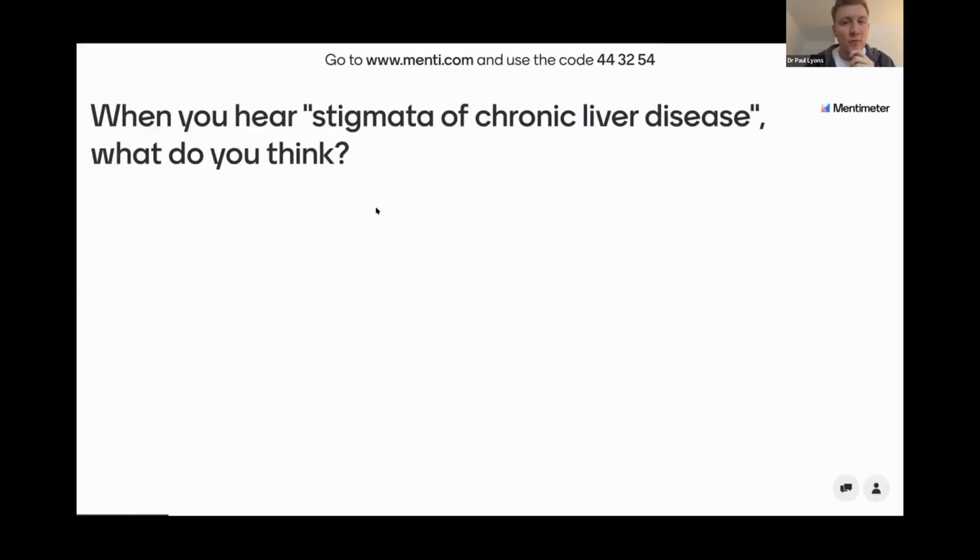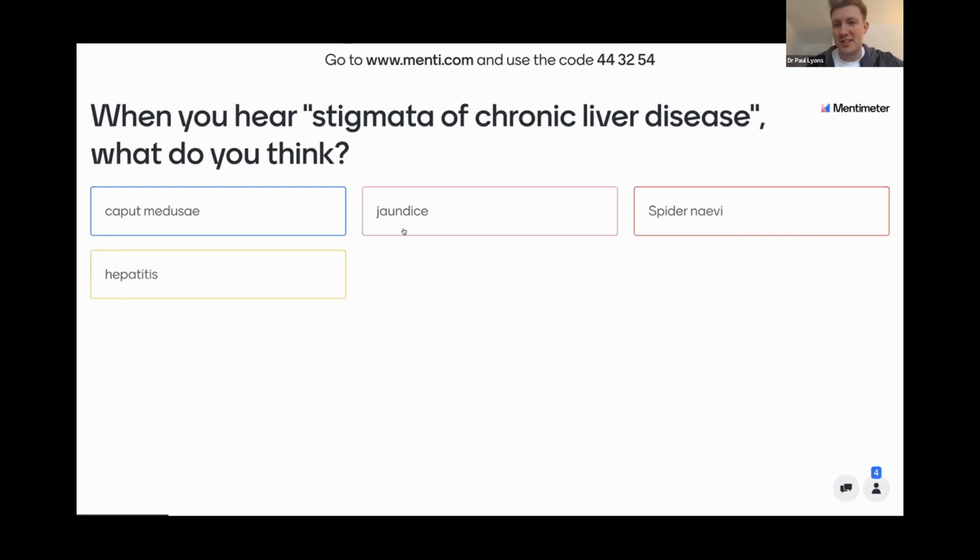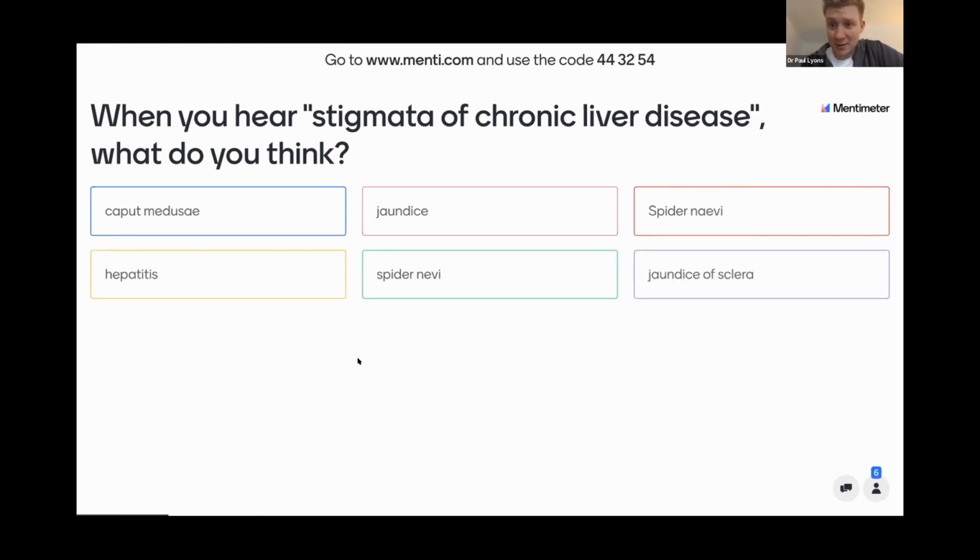When you hear that phrase, the stigmata of chronic liver disease, which is all very posh, isn't it, what springs to mind? Caput medusae, jaundice, hepatitis, spider naevi. All these things you read about in books. Anything else? All very good things, all totally right.